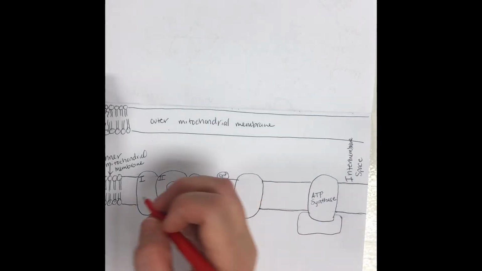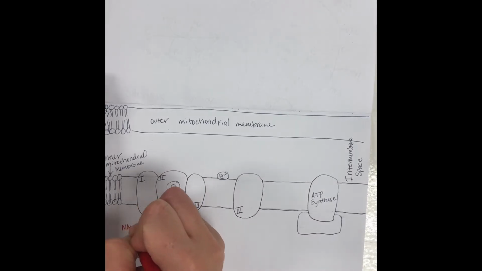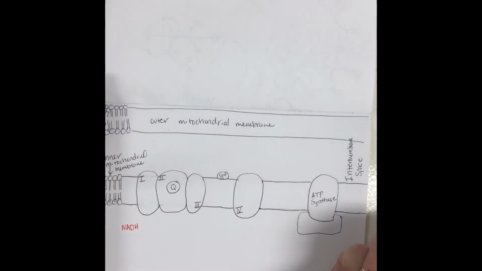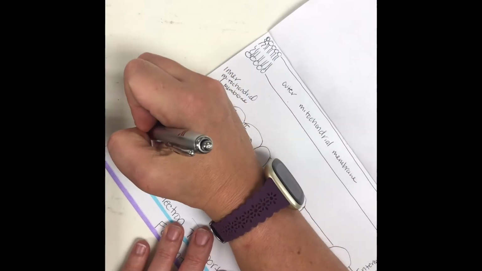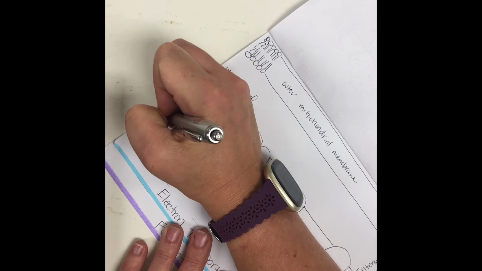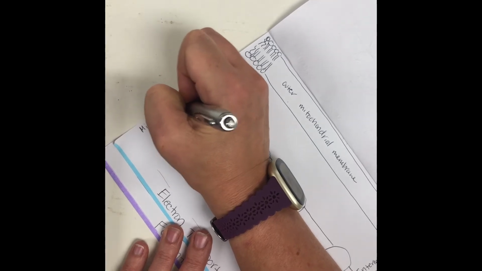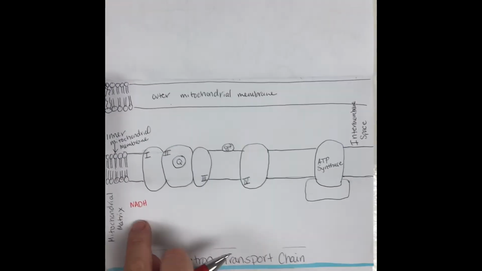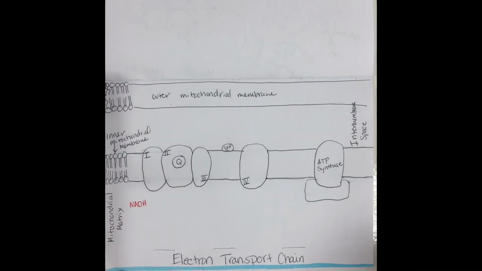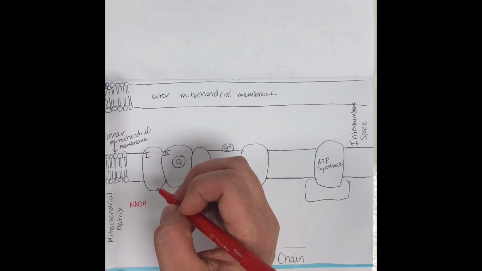So we're going to start with our NADH, our electron carrier. That comes in, so this is our mitochondrial matrix. Let's actually label that. So that means that this NADH was just made from the Krebs cycle, or it was made in glycolysis, okay?